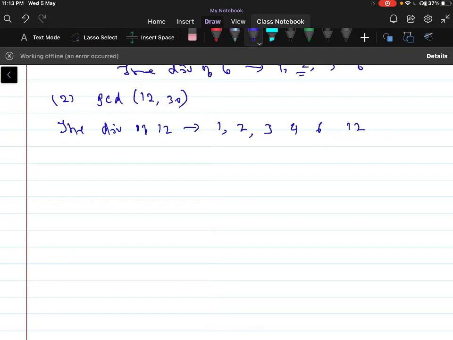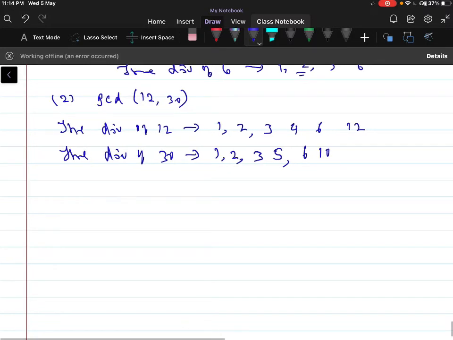So the divisors of 12 are 1, 2, 3, 4, 6 and 12. Then the divisors of 30 are 1, 2, 3, 5, 6, 10, 15 and 30.